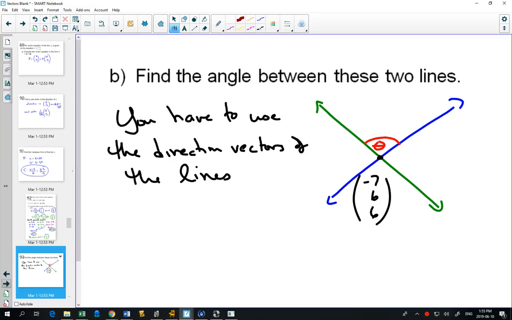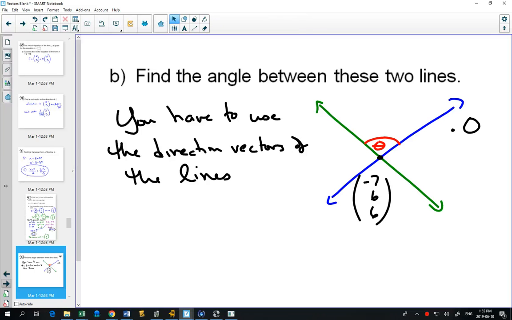Because somewhere is, oh, the origin. I don't know where it is. I just picked a random spot. Somewhere we have the origin. And so if you use the point that's on the line, that's just going to give a vector from the origin to that point. But if you want the angle between these two lines, you need both of their direction vectors.